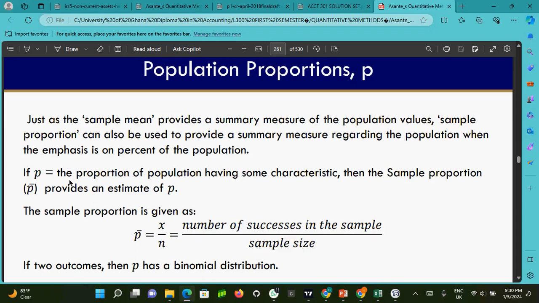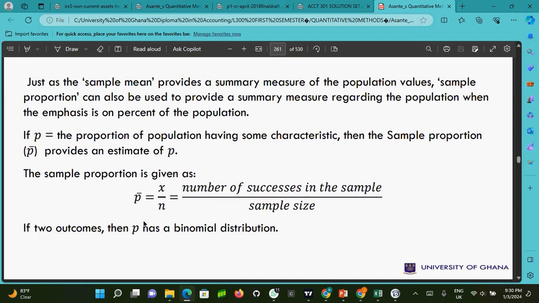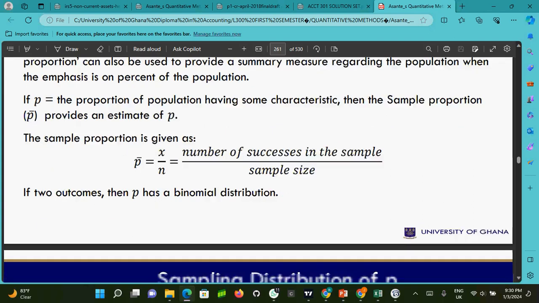So if P is equal to the proportion of the population having some characteristic, then the sample proportion will be P bar. So P bar provides an estimate of P, which is the number of successes divided by the sample size.